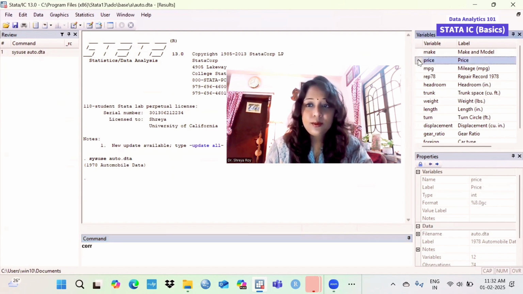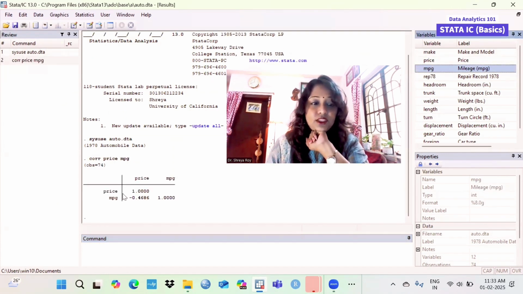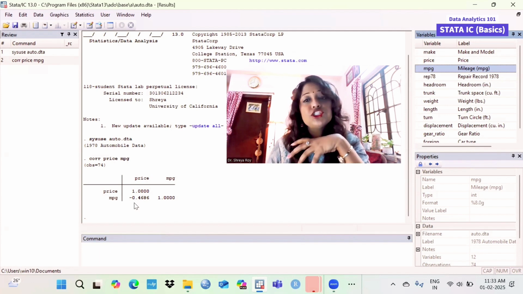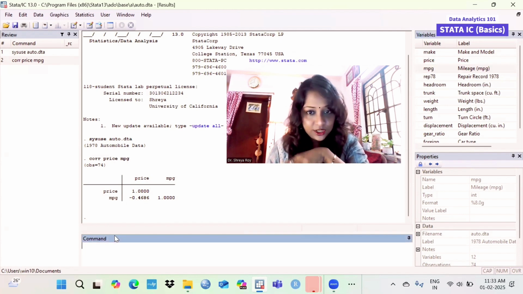Let's take price and mileage and enter. We do see it's a negative 0.4686, which, if we round it off, is minus 0.5. So basically correlation has this table. Just memorize it, I'm writing over here.